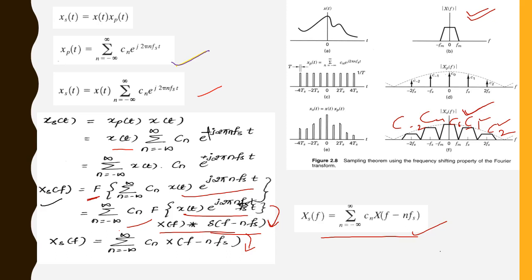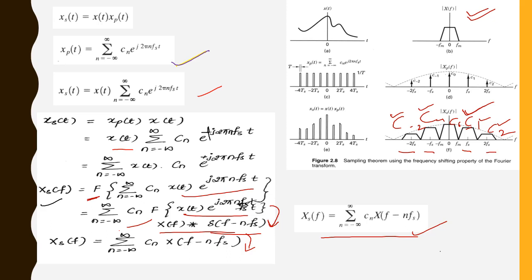So the amplitude of the X(f) signal at the output as X_s(f) is now the Fourier series coefficient weighted pulse train, represented here as C_0, C_1, C_2, and C_minus 1 here, C_minus 2 here, but all of them are due to the Fourier series weighted value. The variation in the amplitudes at f_s, 2f_s, minus f_s, minus 2f_s that we are observing is due to the coefficient, as said earlier.